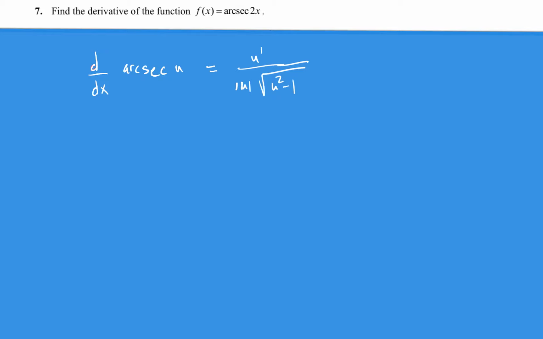So doing the problem using the formula, u will be 2x. The derivative of u with respect to x, which is u prime, will be 2.